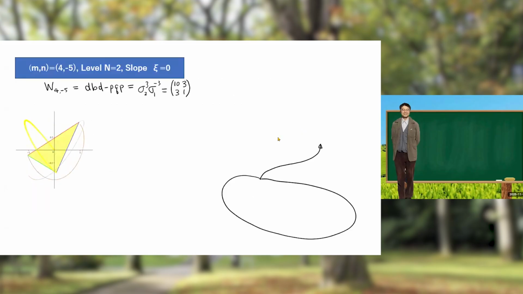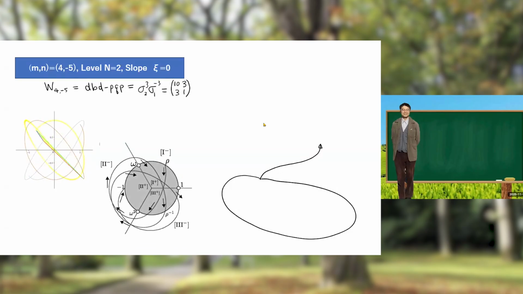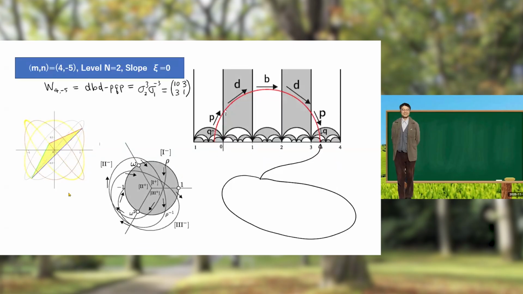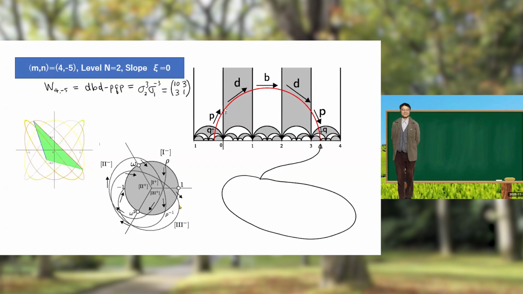So in this case, we have such related objects like this. This is moving on the shape sphere, and then we make the uniformization of this three-punctured sphere on the Poincare upper half plane.